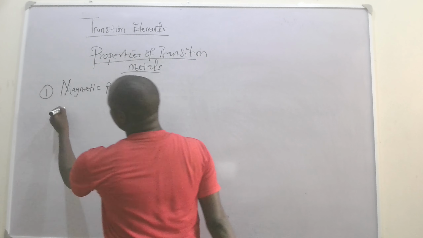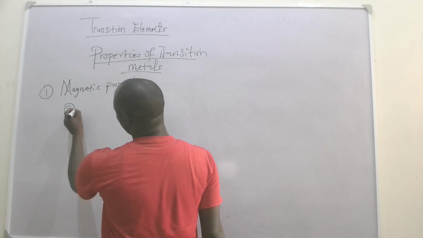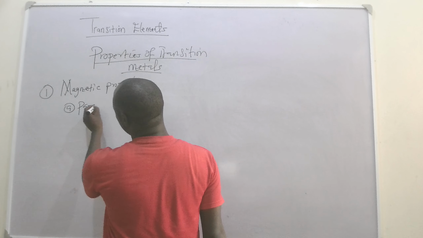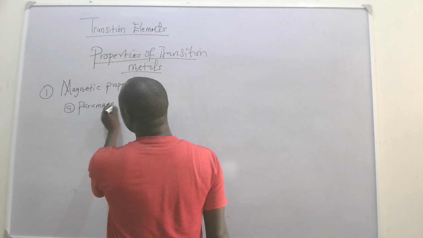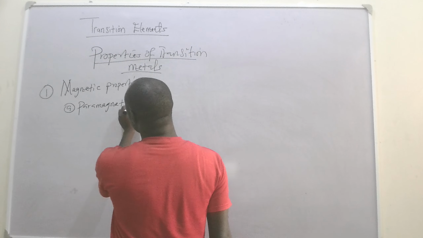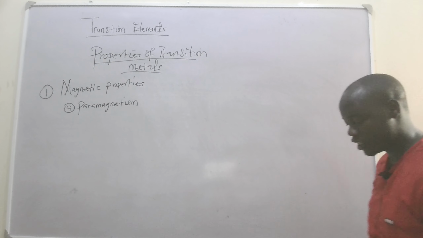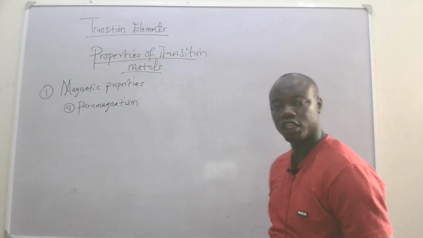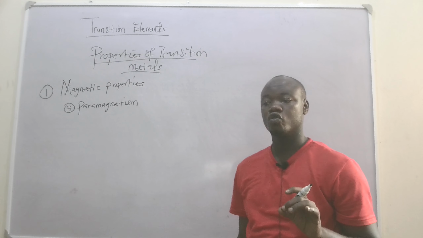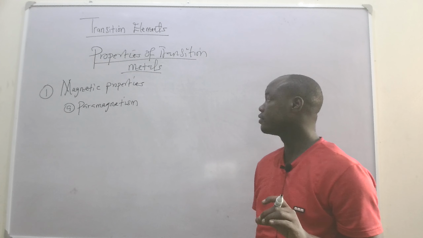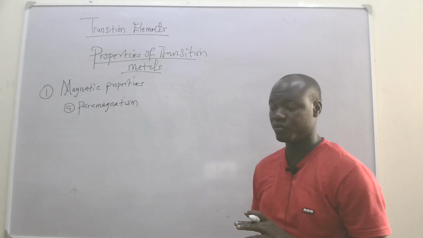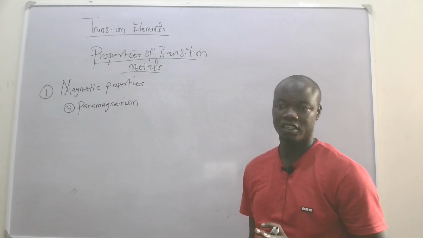A, transition metals can undergo paramagnetism. What is paramagnetism? Paramagnetism is the property of the transition element due to the presence of unpaired electrons.